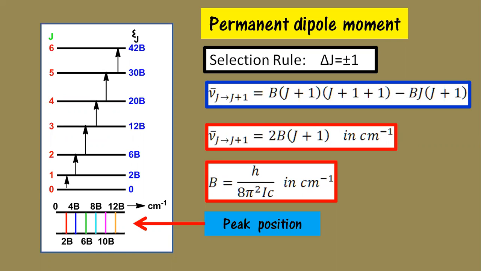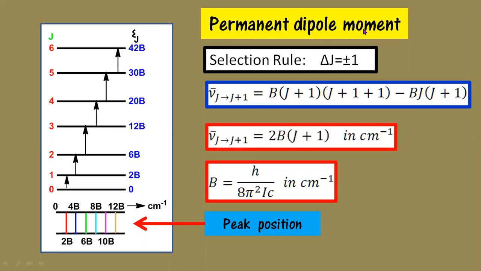Okay, now the most important thing is the permanent dipole moment. Not all the molecules can absorb microwave radiation. Only those molecules can absorb microwave radiation that contain a permanent dipole moment.